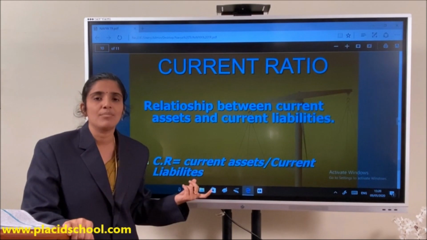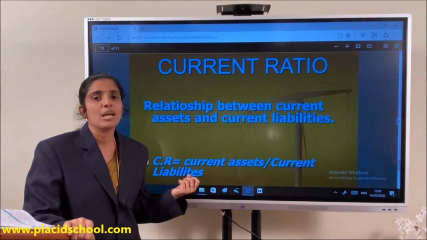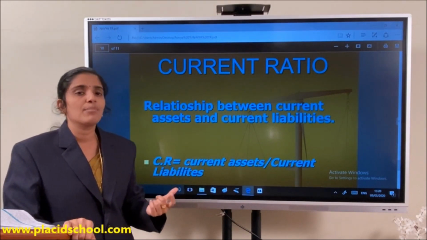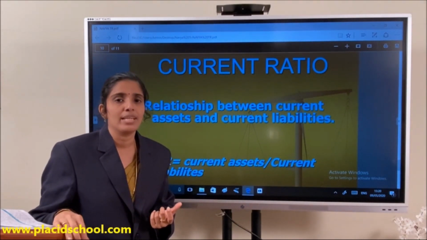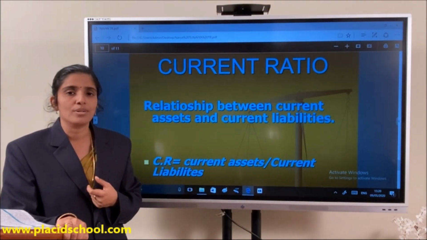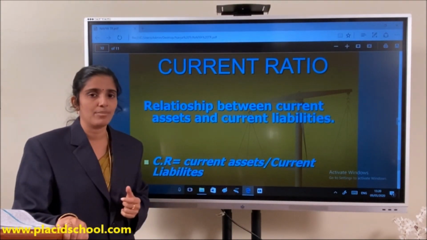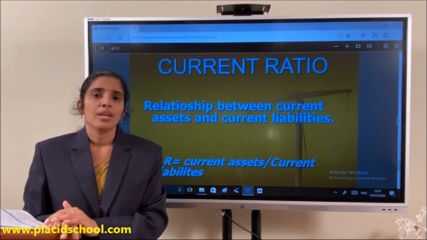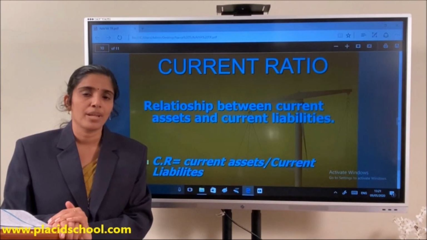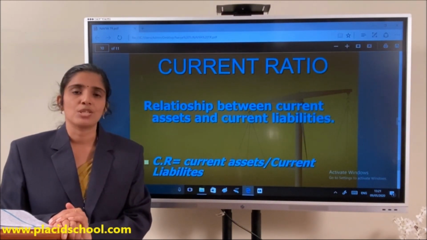Current assets, for example, are stock, debtors, bills receivable. Current liabilities are trade payables, that is creditors or bills payable, and short-term bank loans. For example, if your firm has a current liability of rupees 1 lakh, and the current asset is rupees 2 lakh.